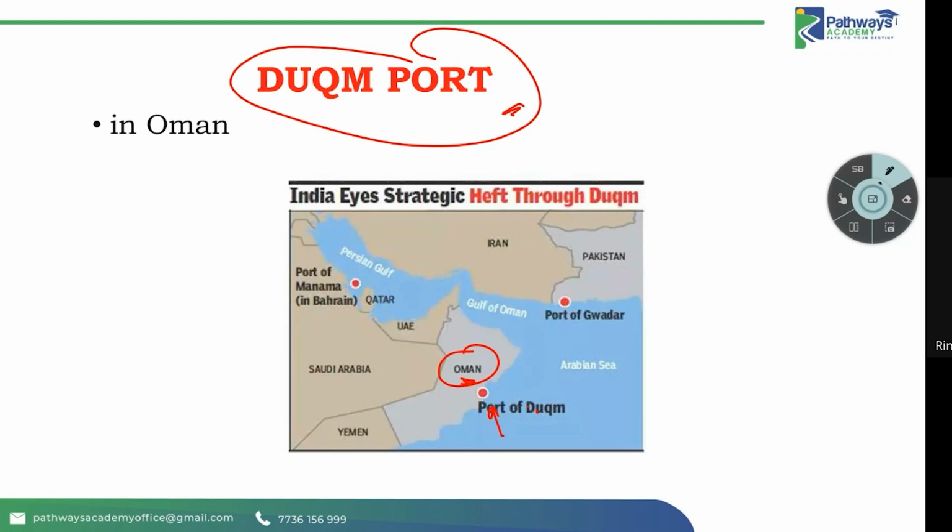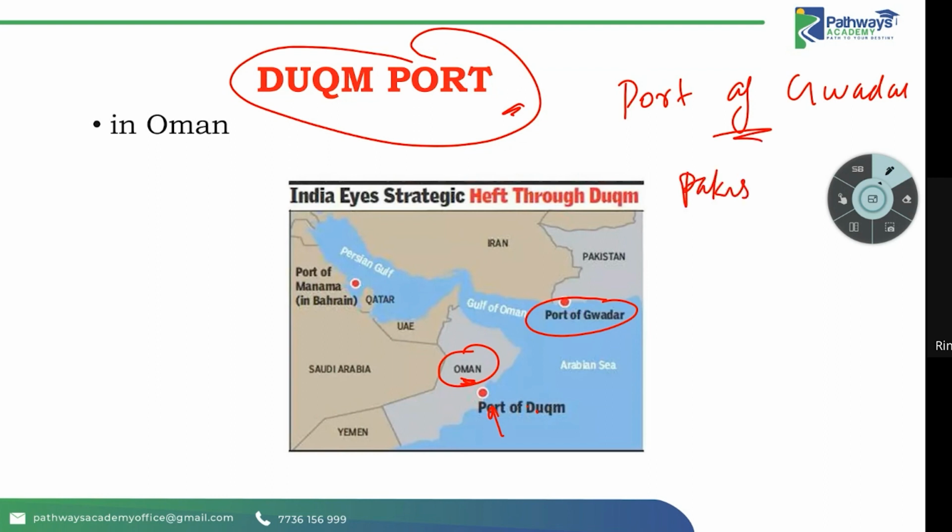In this region, in Arabian Sea, there are three major ports. One is Duqm port, that is in Oman. Another port is Port of Gwadar. It is a port in Pakistan, and it is built with the assistance of China.